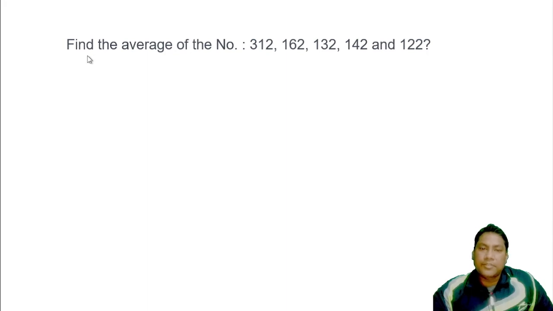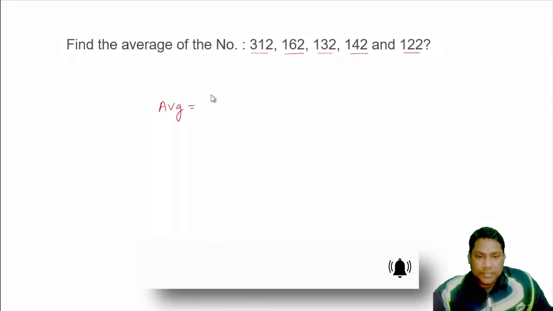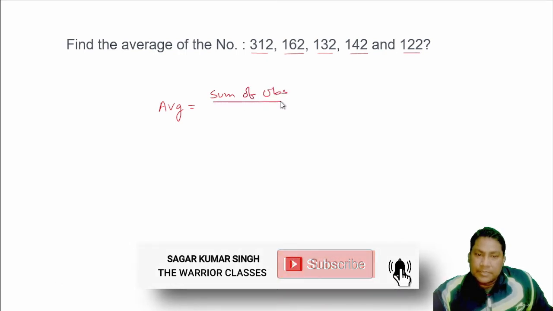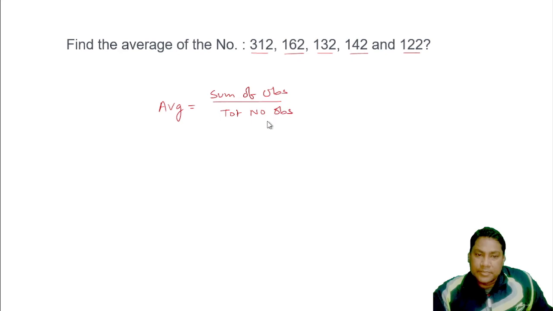The question is, find the average of the numbers 312, 162, 132, 142 and 122. We know the formula of average. The formula of average is the sum of observations divided by the total number of observations.